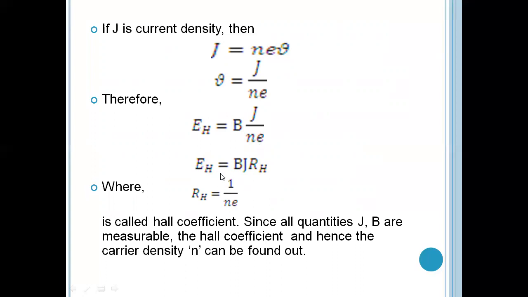Therefore, the Hall field E_H is equal to B J R_H, where B is the applied field, J the current density, and R_H the Hall coefficient. Since these quantities are measurable, as we know the applied field and how much current density will be produced, and the Hall coefficient, we can easily calculate the carrier density.